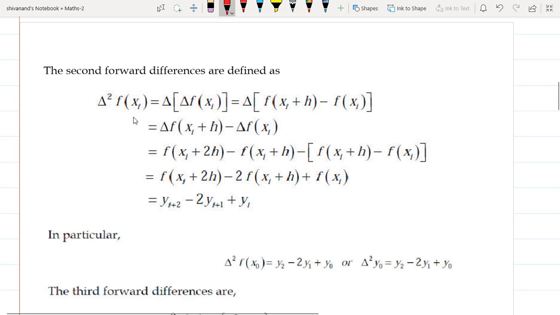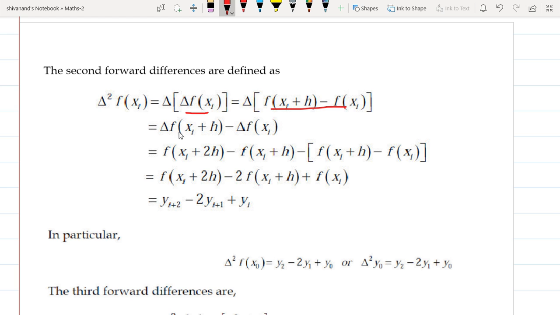Now we will go for the second forward difference. What is the second forward difference? That is delta square f of xi is equal to delta of delta f of xi. What is this? Delta f of xi is nothing but f of xi plus h minus f of xi.